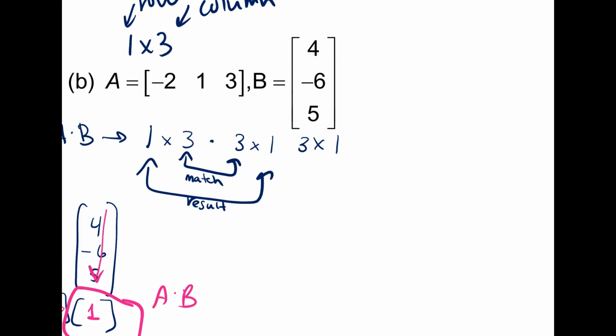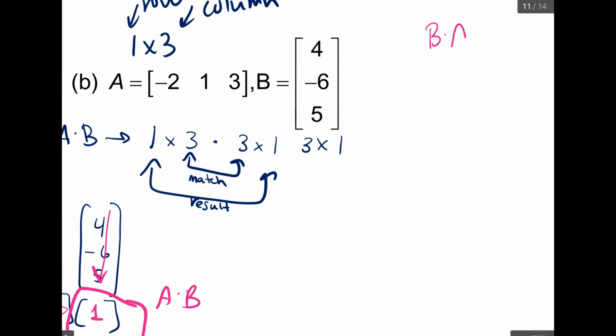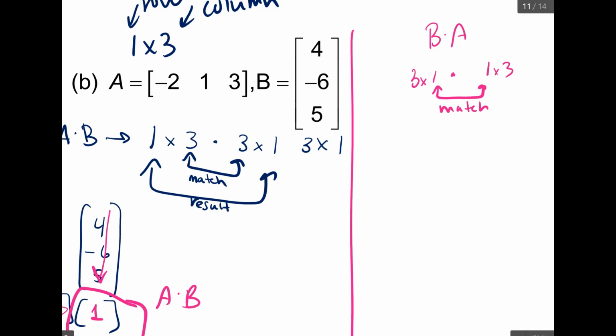Alright, let's see if we can do B times A. Can I do B times A? B is 3 by 1, and A was 1 by 3. As long as these match, I will have a resulting 3 by 3.